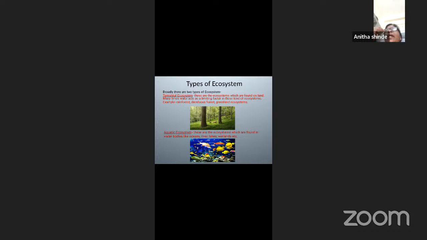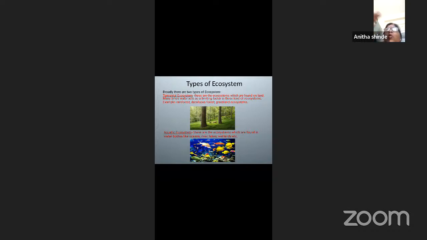They are constructed by human beings. Such ecosystems come under the artificial type, like a small forest for the reserve, to preserve the wild animals. So all these which are man-made, we call an artificial ecosystem. So we can also classify the ecosystem as artificial as well as natural.